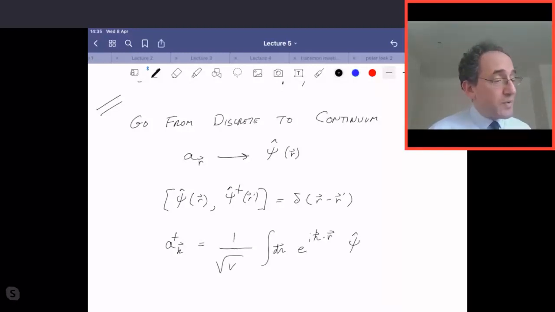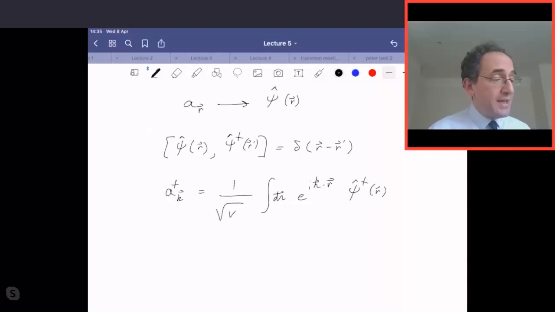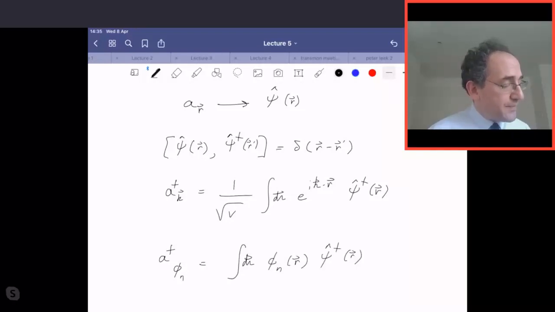Or in fact, we can convert to any orbital: I could just as well make a second quantized operator that creates a particle in any orbital phi n as integral dr of phi n of r psi dagger hat of r.